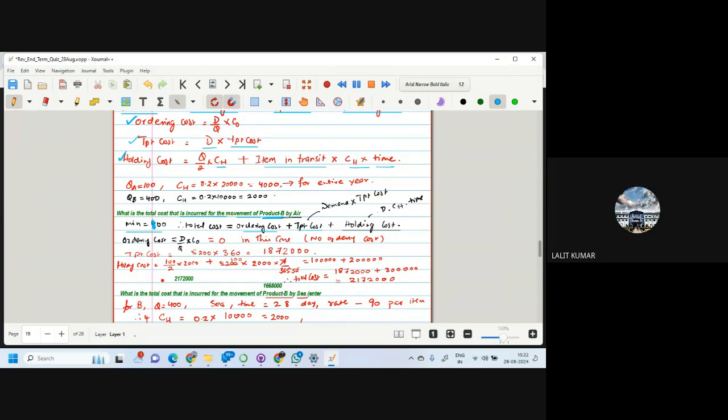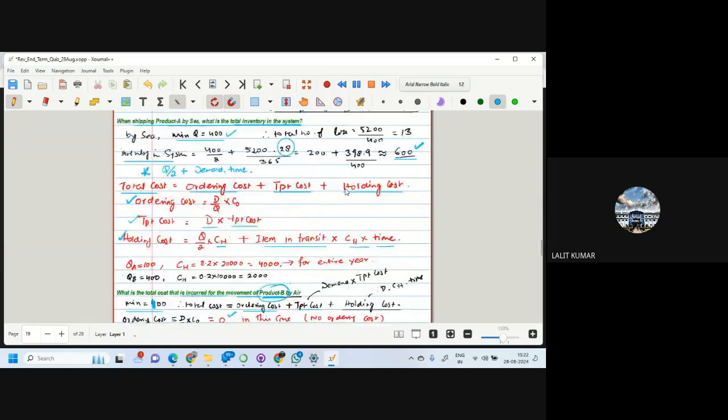Ordering cost in this case, they have given 0, that there is no ordering cost. They have not mentioned it anywhere. Transportation cost is 5200 into 360 by air rate. Holding cost now for product B, we calculated the holding cost.